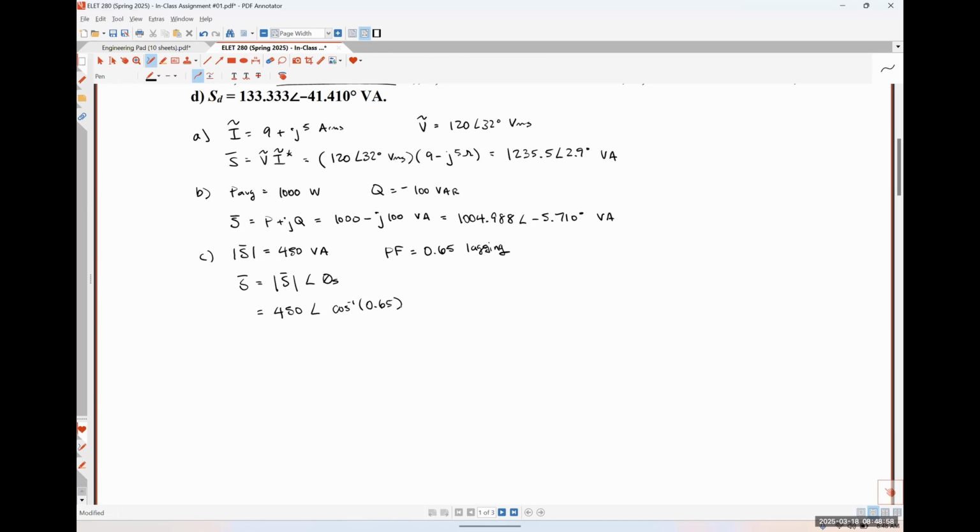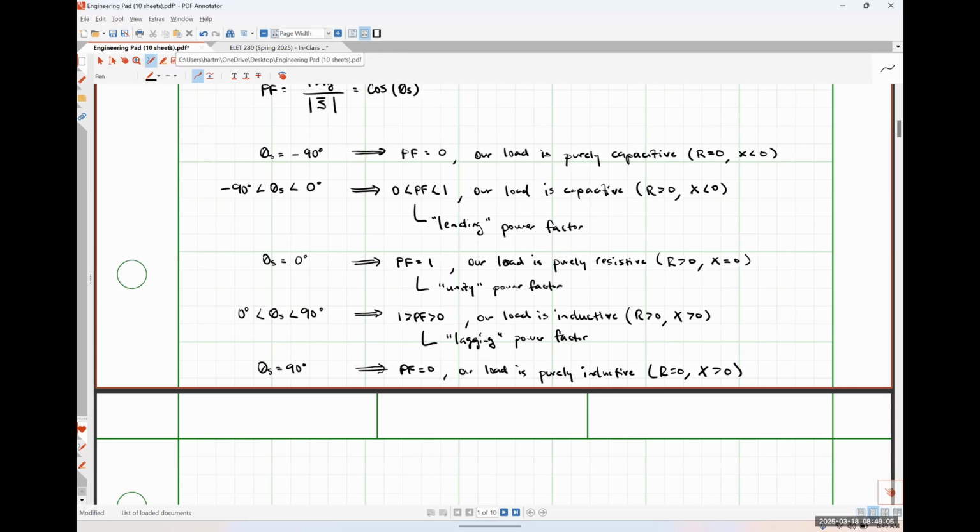We learned just a moment ago that whenever our power factor angle is positive, that means we're operating at a lagging power factor. So our arc cosine always gives us a positive angle. So effectively, it's always going to work for lagging power factors. If we ever have a leading power factor, we need the angle to be negative.